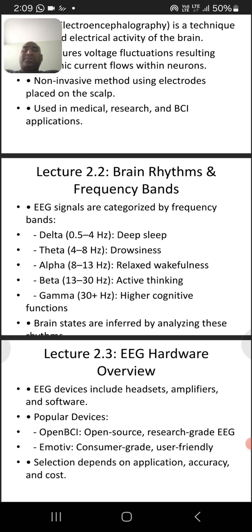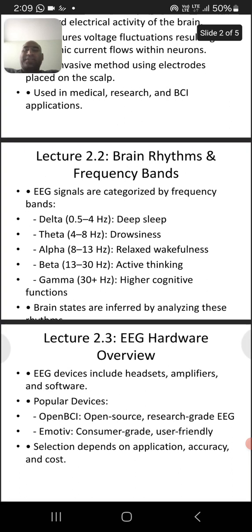We have also seen different applications of BCI, and these EEG signals are also used in the same applications. The brain rhythms, or brain frequency bands, are the electrical signals coming from the brain. As we already told, the waves are delta, theta, alpha, beta, gamma.